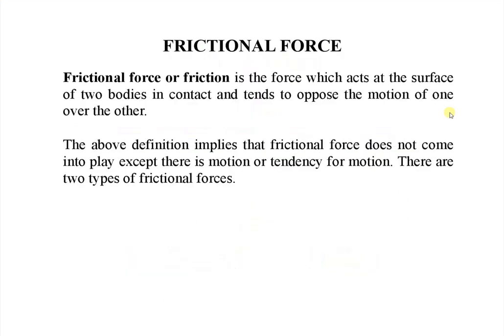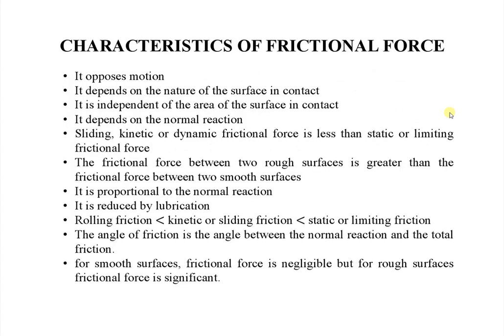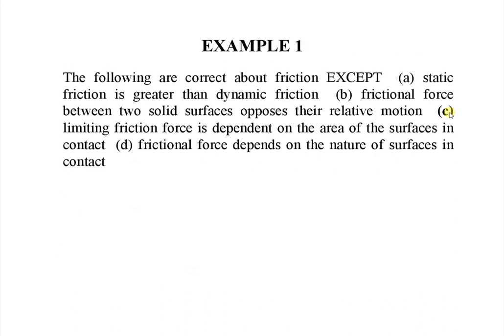Today we will still be looking at frictional force, as this class is the continuation of our last class. In our last class, we looked into frictional force, the definitions, the types of frictional force, and the characteristics of frictional force.